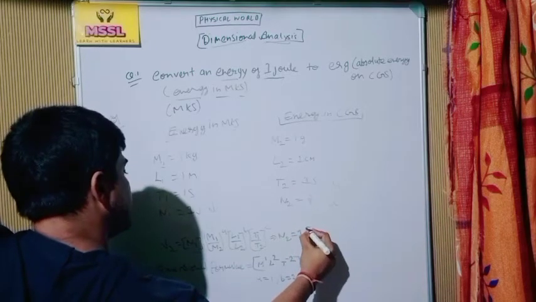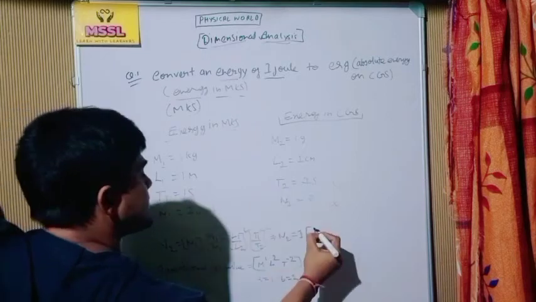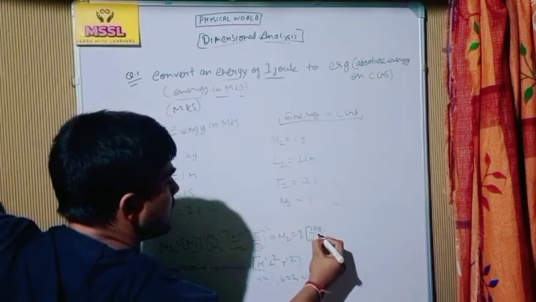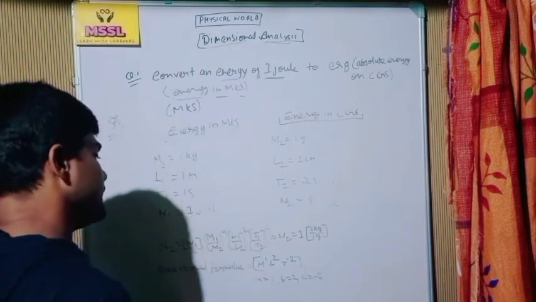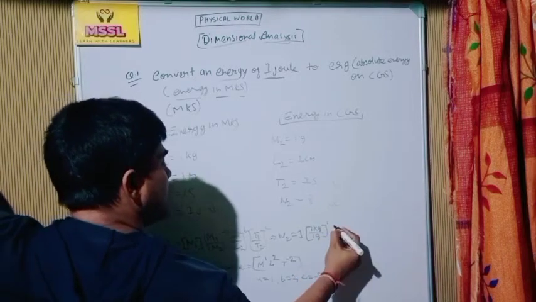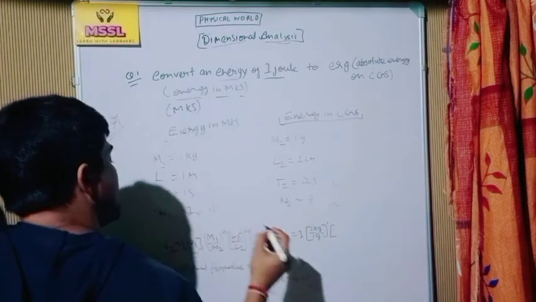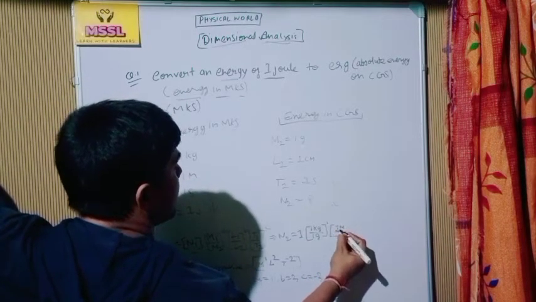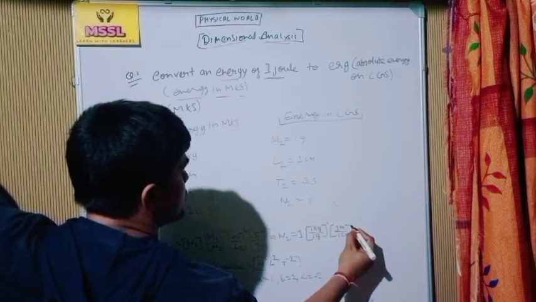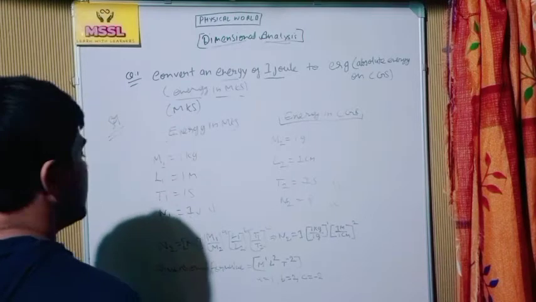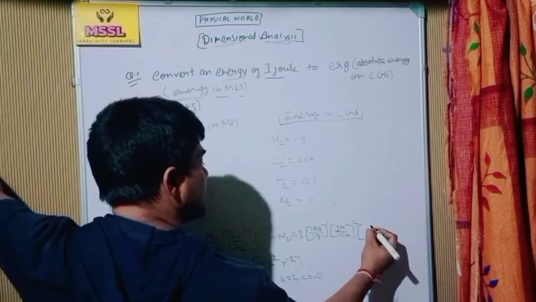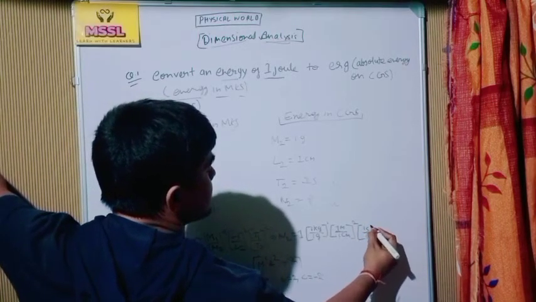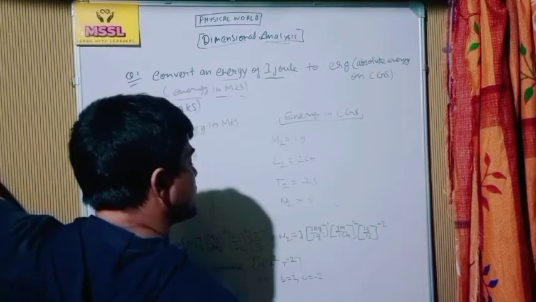N1 is 1. And then M1 by M2: M1 is 1 kg, M2 is 1 gram, to the power A. Again L1 by L2 to the power B, and similarly 1 sec by 1 sec to the power minus 2.